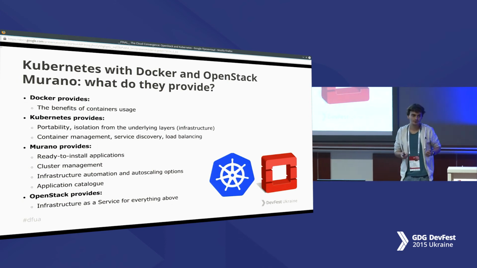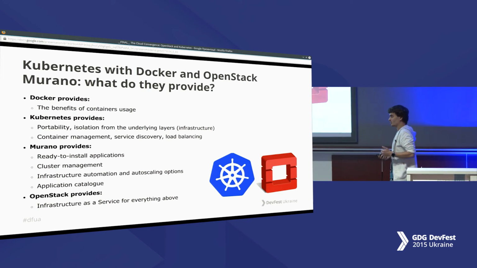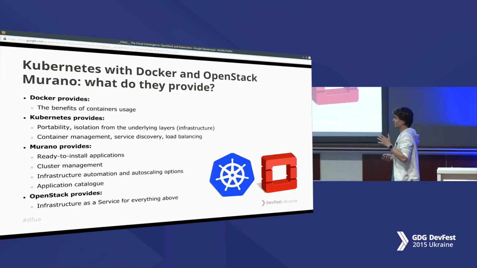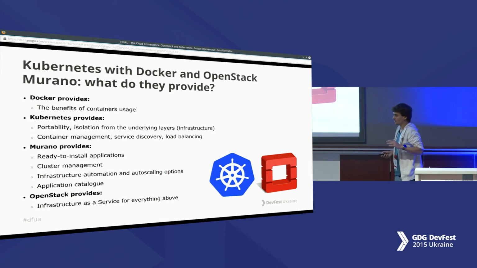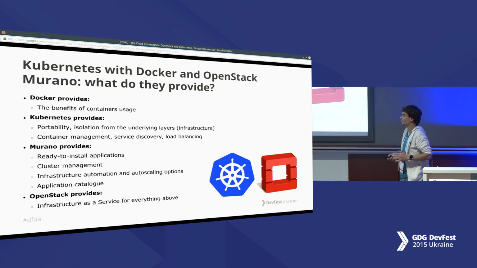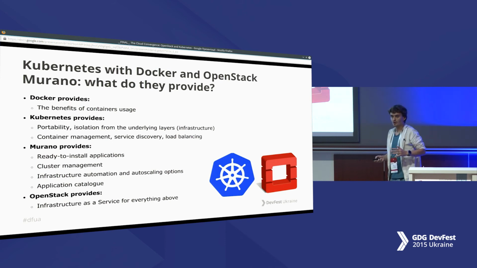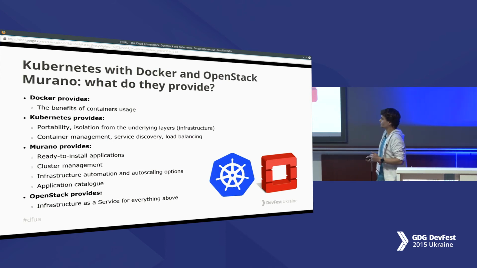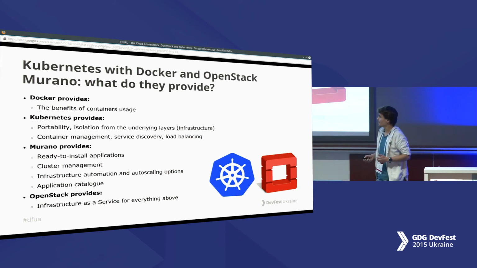From the side of Docker, we have described the benefits of Docker usage. There are a lot of benefits, and using it, you'll receive all of them. You'll receive portability, flexibility, performance of your application, and some kind of isolation compared to the other applications that are also run in their containers.